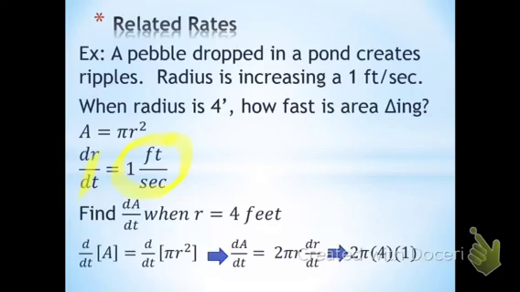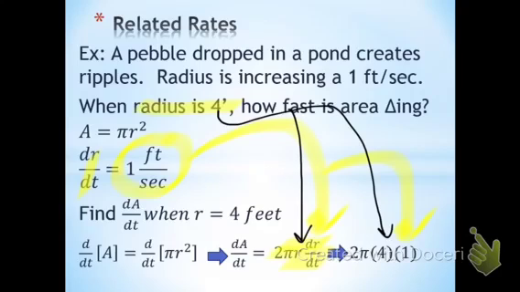Do we see a dr with respect to time in this final equation we have down here? We're going to plug it in right there. That's going to become that 1 right there. We also know that we're interested in the point in time when the radius is 4 foot. That's going to go in right there for our radius, 4 foot.